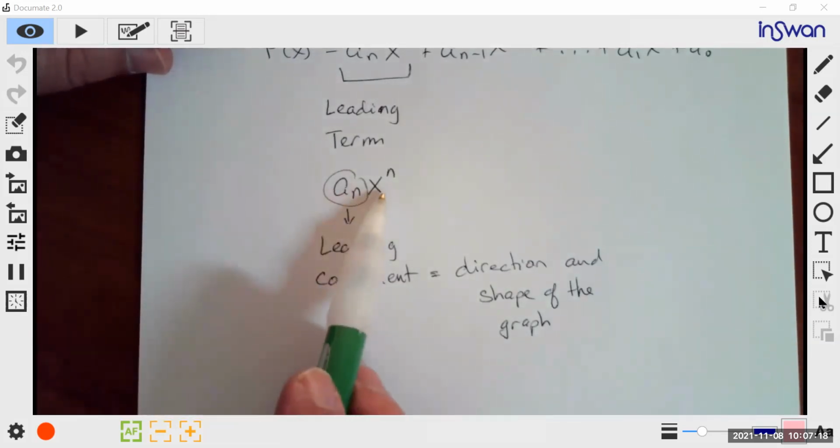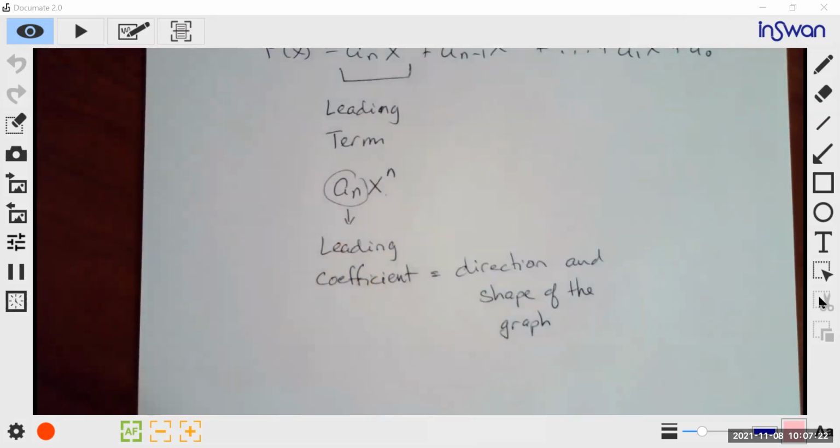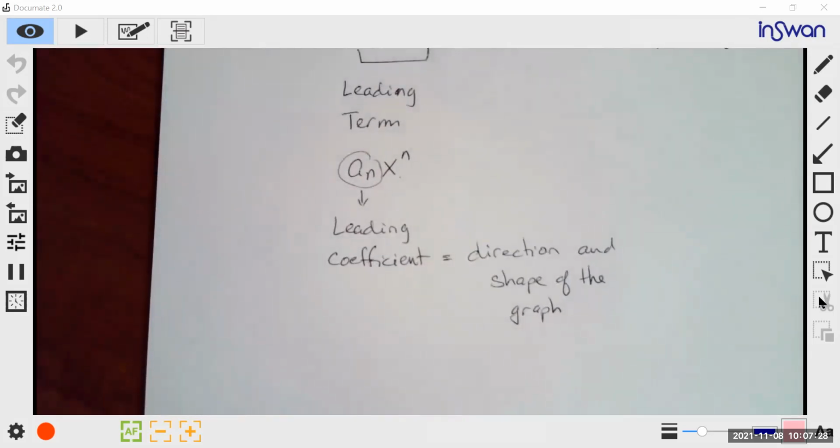So the number in front of the x tells us if it's negative, it opens down. If it's positive, it opens up. If it's greater than 1, it gets skinnier and taller. If it's less than 1, between 1 and 0, then it gets squashed.